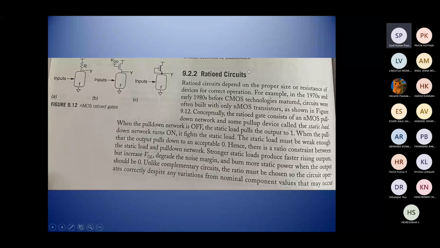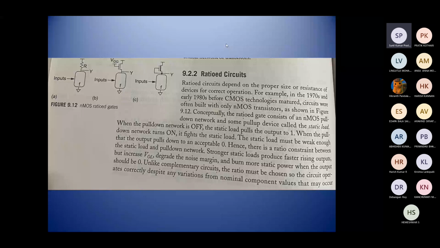The ratioed circuits depend mostly on the proper size or resistance of the devices for correct operation. For example, in the early 1970s and 1980s, before CMOS technology came into existence, circuits were built with NMOS transistors only.